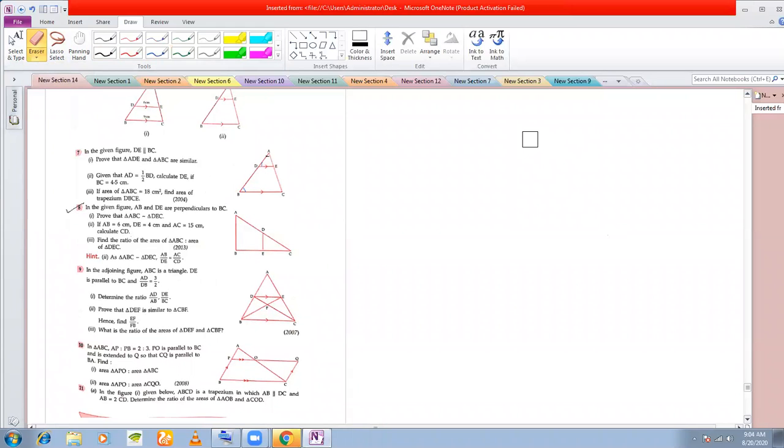Let's write in triangle ADE and triangle ABC, angle A is equal to angle A, and angle ADE is equal to angle ABC.